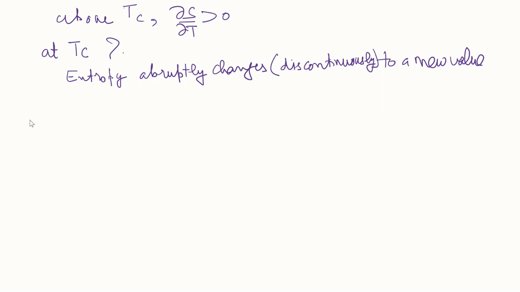So there is an abrupt transition in the entropy when the phase transition is occurring at T equal to Tc.